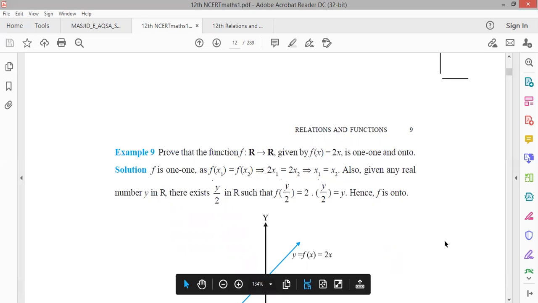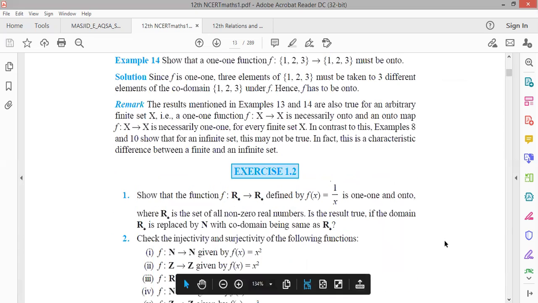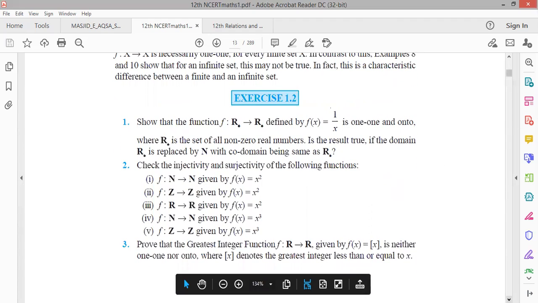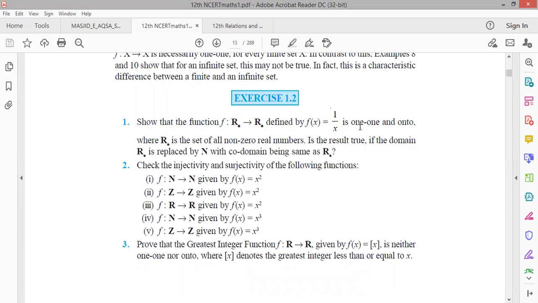And here you can see in the exercise, we have question number 1, exercise number 1.2. Show that the function f from R star to R star defined by f of x is equal to 1 by x is one-one and onto. We have to prove that this is one-one and onto, where R star is the set of non-zero real numbers.